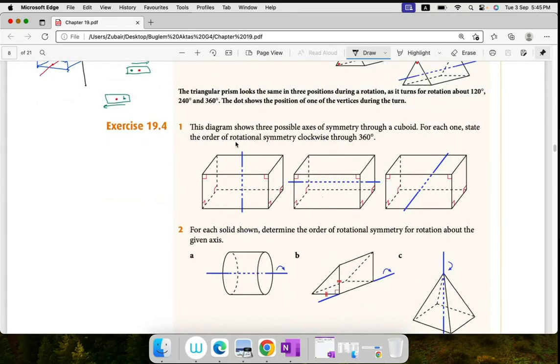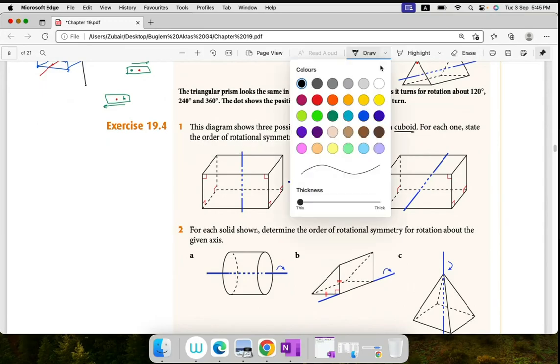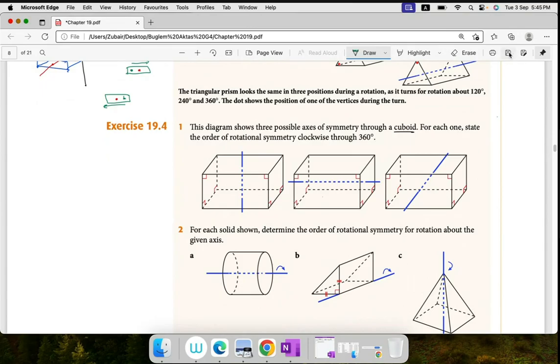Okay. It says the diagram shows three possible axes of symmetry through a cuboid. For each one, state the order of rotational symmetry clockwise through 360. So order of rotational symmetry. Now these axes are given. If I rotate it 360, I'm labeling it A, B, C, D. If I rotate this 180 degrees, AB will come on this side and DC will come on this side.